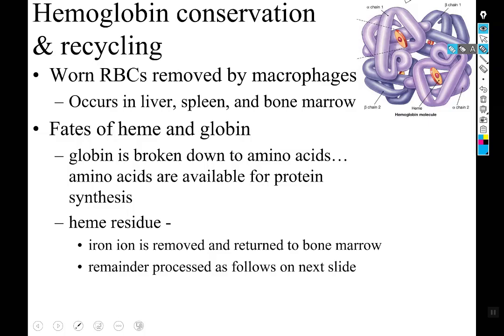So you've got these 4 chains of amino acids, and they are, of course, useful. So you would just basically take them down to the studs, so to speak, and use them to rebuild. The heme residue has the iron removed from it, and the iron is returned to the bone marrow. And then sometimes it also makes its way back to the liver because the liver is a site of iron storage.